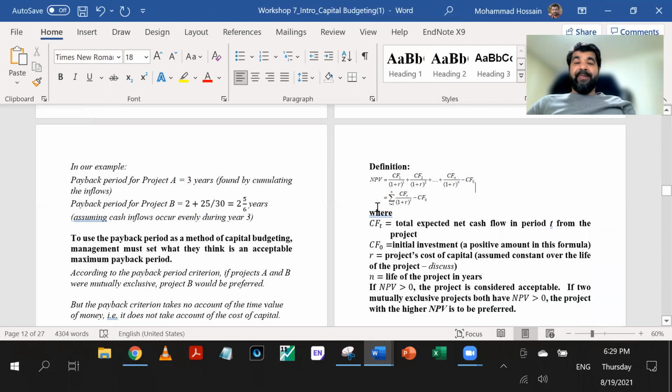So that's what they mean: the summation of all the items minus your initial investment.